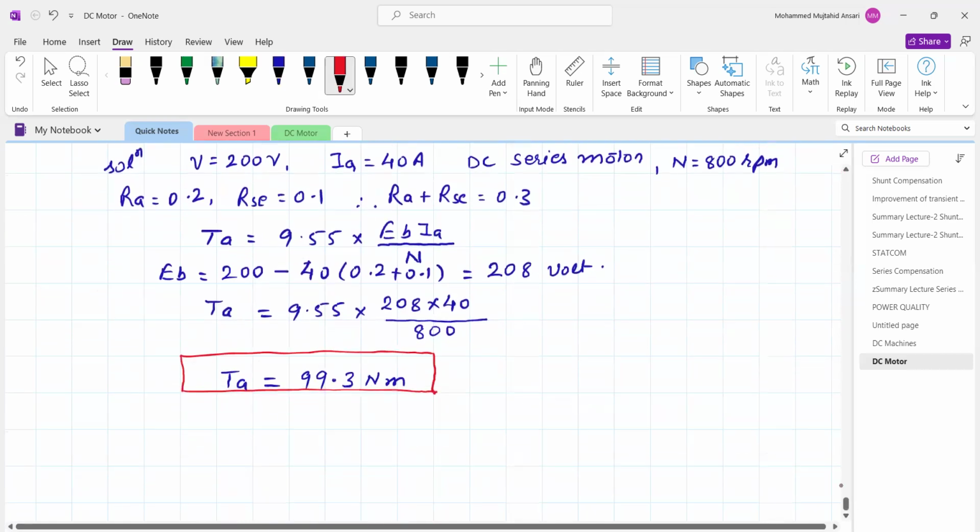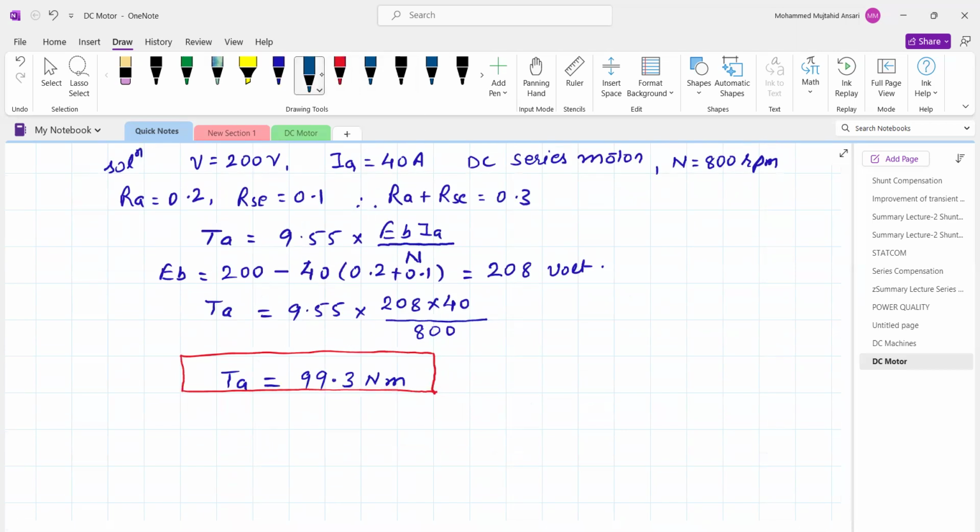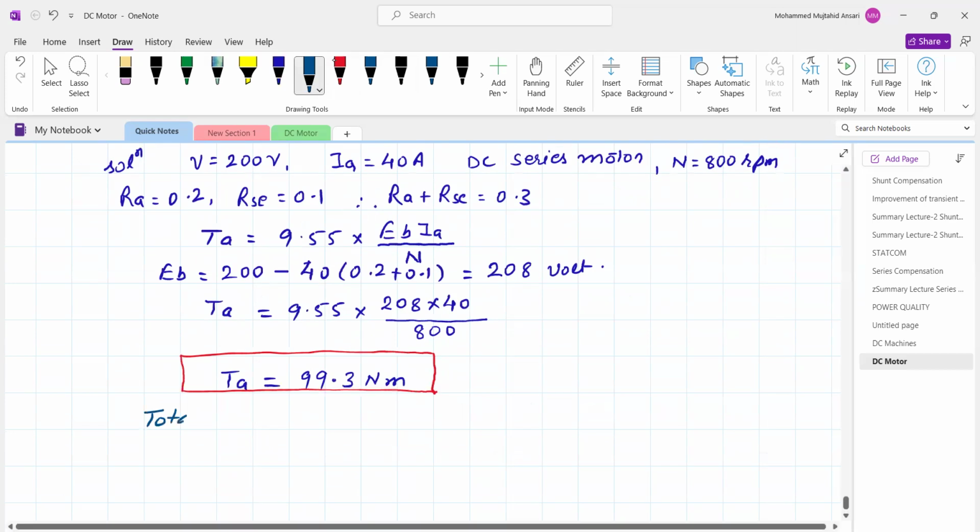To calculate the motor output, it is necessary to first calculate the losses, that is the copper loss in the field winding and the copper loss in the armature winding. So total Cu loss is equal to IA square RA plus ISE square RSE.